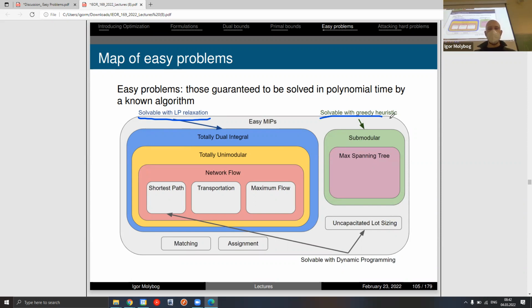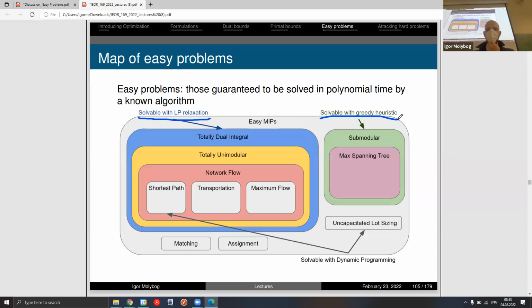Now I would also like to speak about the methods to construct primal bounds, and which problems can be solved exactly using the heuristics that allow us to construct the primal bounds. Do you guys remember anything about heuristics?